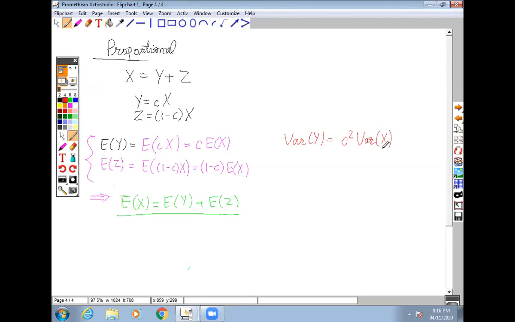Actually, that was the same mistake I made when I was teaching this subject previously. I wrote C square expectation of X. No worries. So let us see, if we are trying to figure out the variance of Z, what will this be?